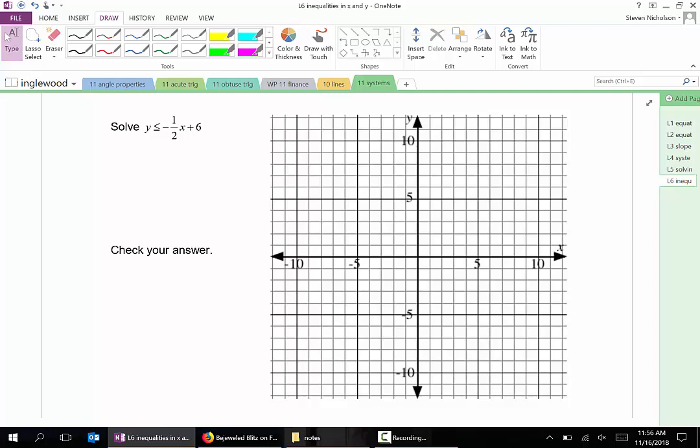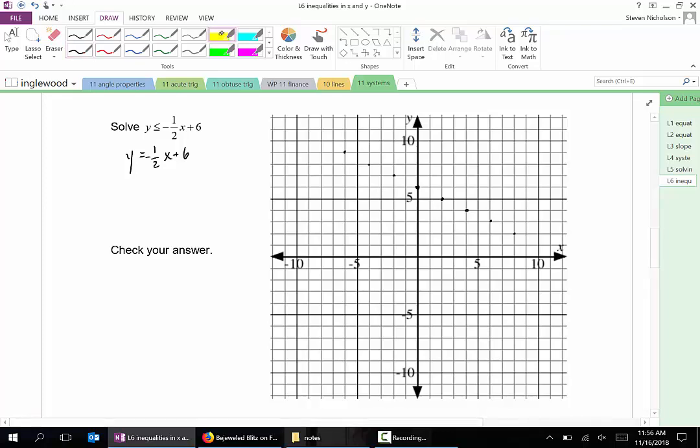So again, our dividing line is, we're going to worry about the equality, negative 1 over 2x plus 6. And again, in this one, I have a y-intercept of 6 and a slope of down 1 over 2, down 1 over 2, down 1 over 2. So I'm just going to plot a few of these right now. And what you would do is obviously use your ruler.